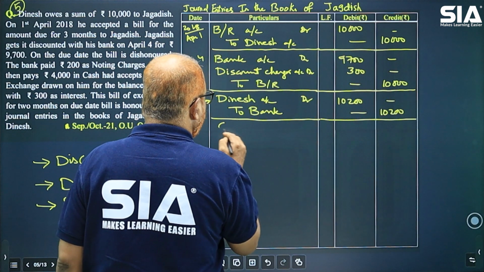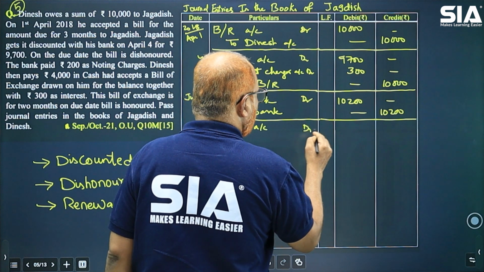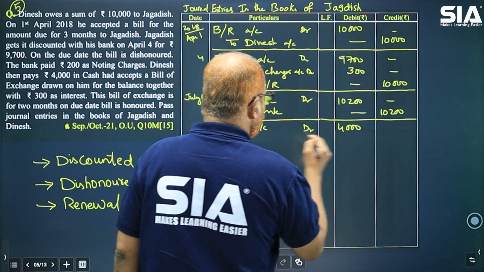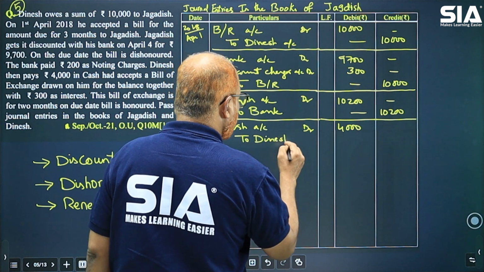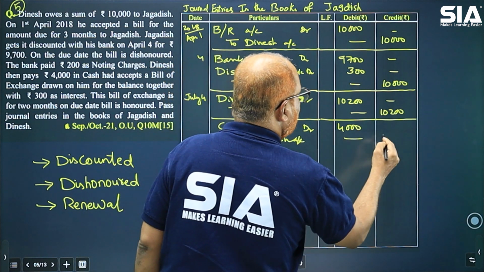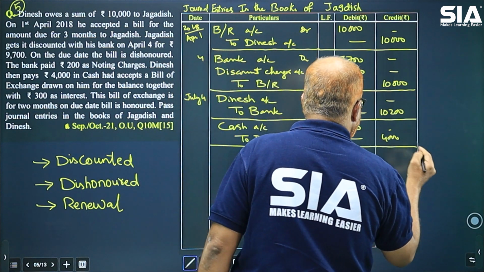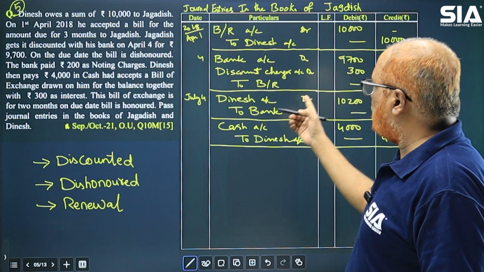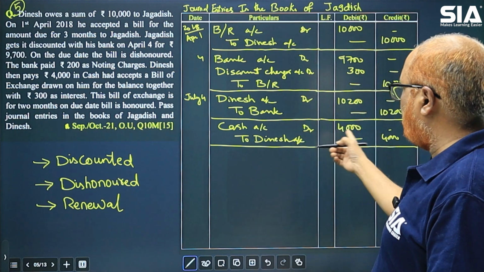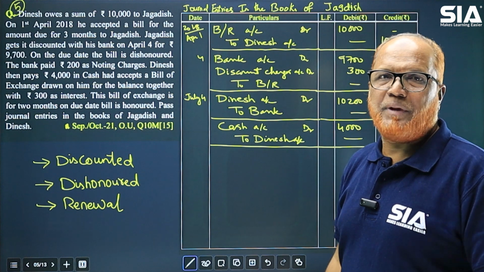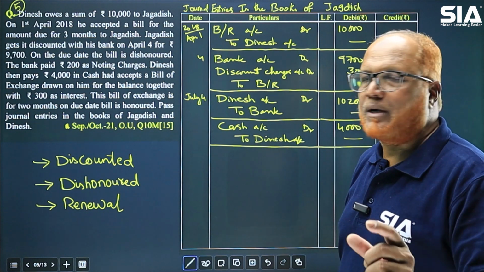So the entry will be cash account debtor to Dinesh account 4,000, being part amount receipt. Totally the amount due was 10,200. Out of 10,200, 4,000 cash he has paid. So cash account debtor to Dinesh account 4,000, being the part payment received.